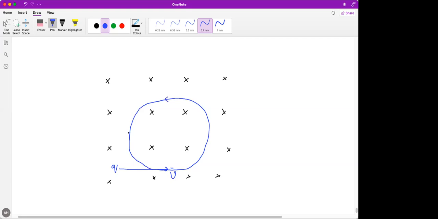Throughout the circular path, the direction of velocity is changing, but not the magnitude of velocity. At every point, the magnitude of velocity is the same. It's not at all changing. This is velocity here, this is velocity here, this is velocity here. So the direction of velocity is continuously changing, but not the magnitude of velocity. It's the same everywhere.